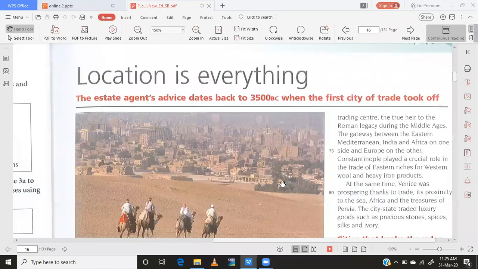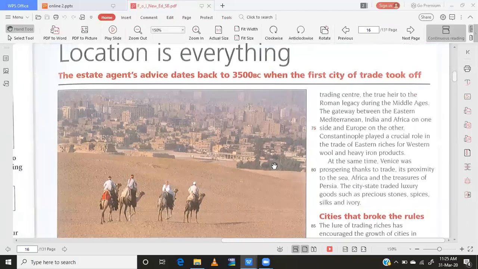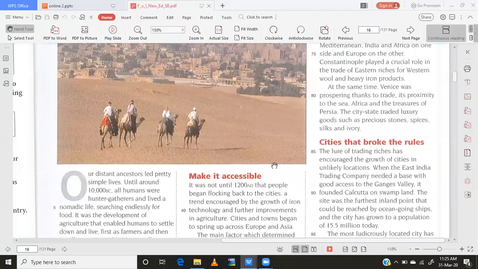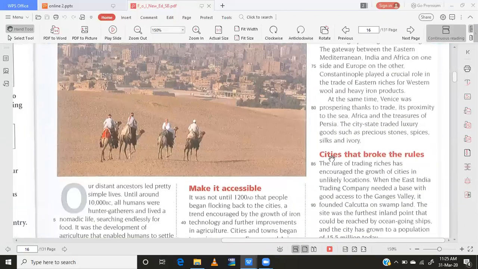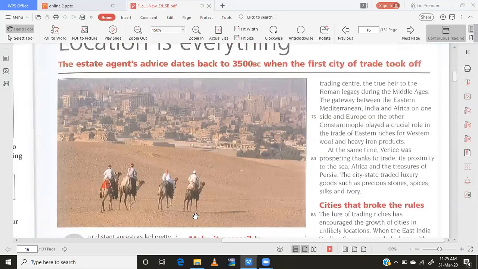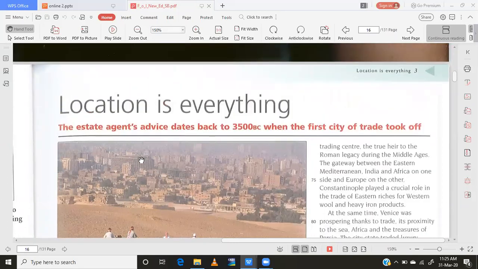Location is everything. It's on page 31. Tomorrow we are not going to read this text here, but we are going to do the exercises about this text, Location is Everything. Okay?